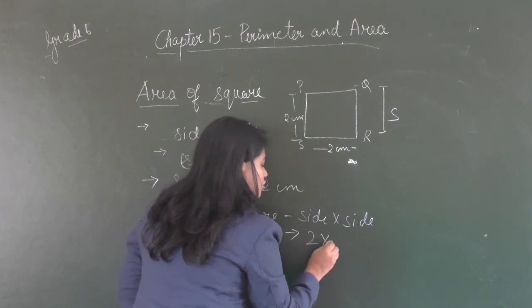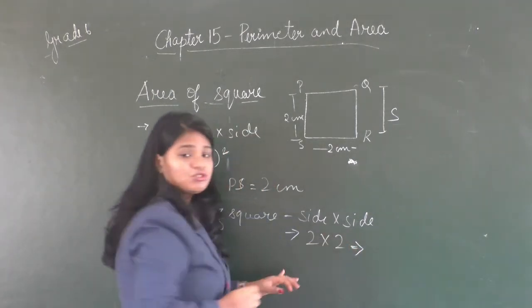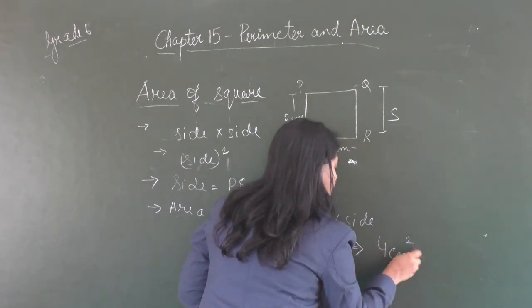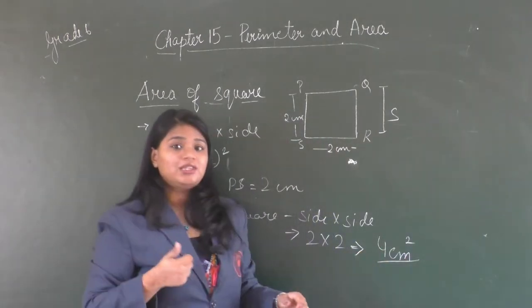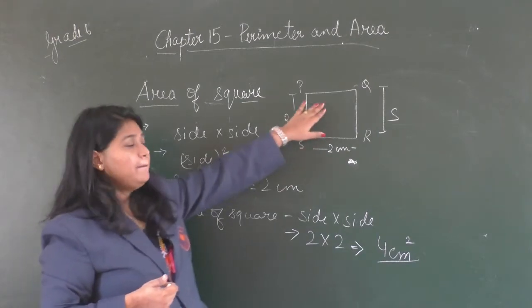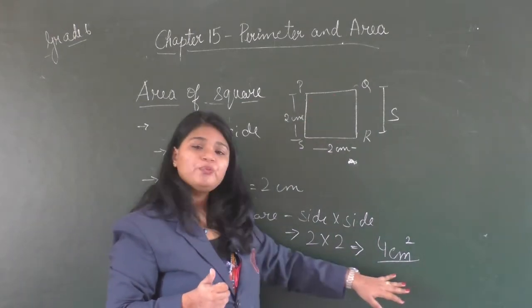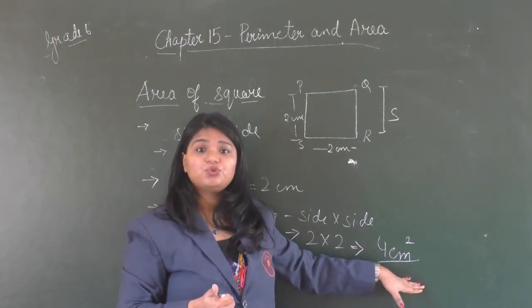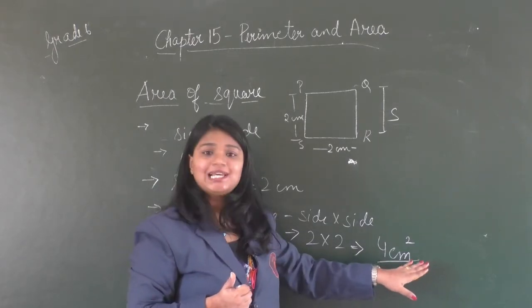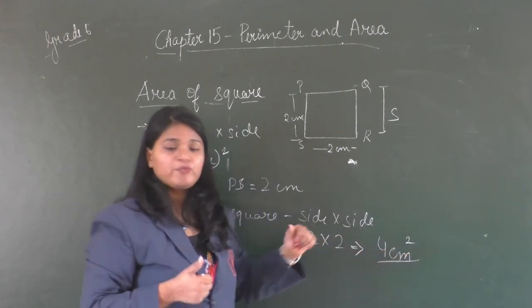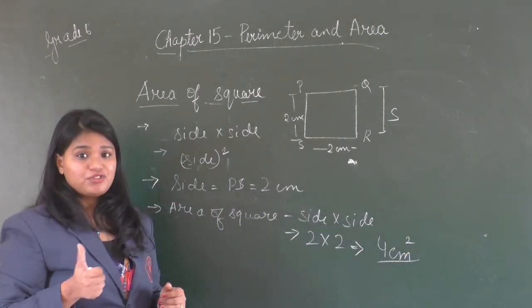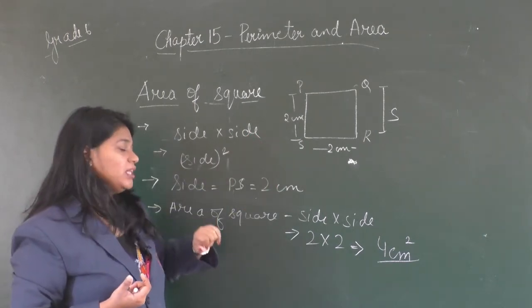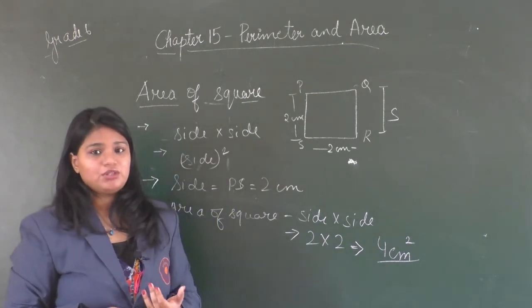So I will write 2 into 2. So 2 into 2 is 4, and I will write 4 centimeter square. So the area of square PQRS is equal to 4 centimeter square. Just remember, whenever we are mentioning the unit for area, we have to mention centimeter square. So when you are calculating the area of a square, you have to write side into side or side square, and then you need to substitute the given values.